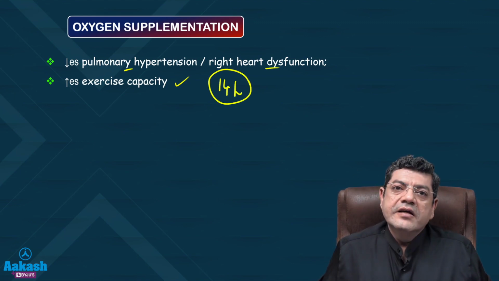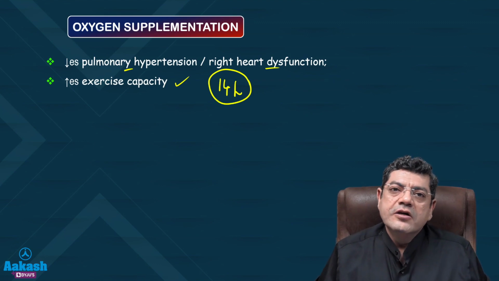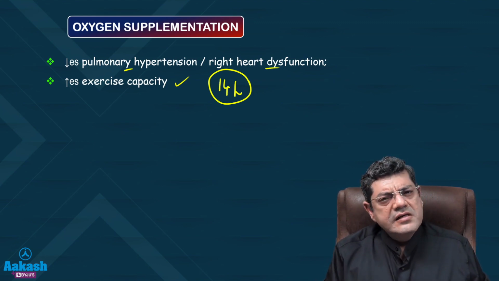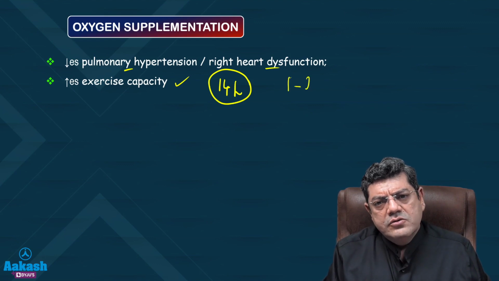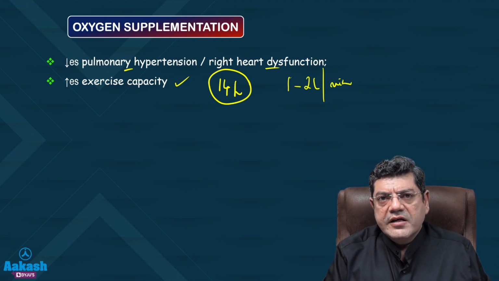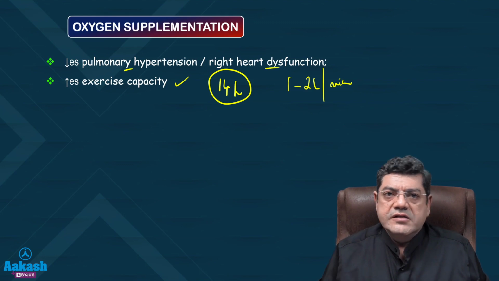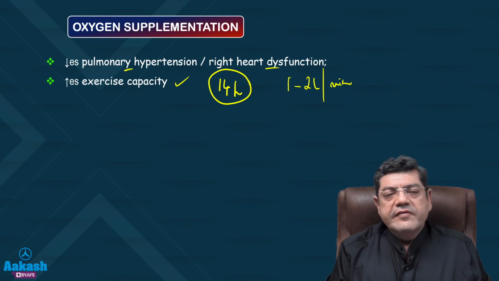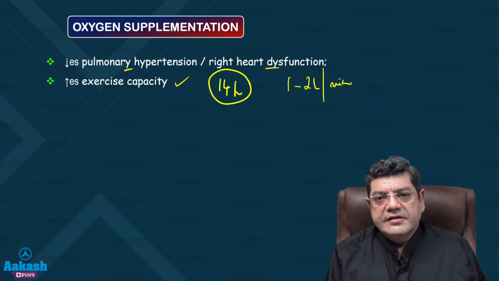Mortality benefit is directly proportional to the number of hours that a patient uses oxygen. As little as 1 to 2 liters per minute administered with a non-interfering nasal cannula, the patient can do pretty much anything else while that oxygen is being administered, will ensure that the patient gets all these benefits of long-term oxygen therapy, right?